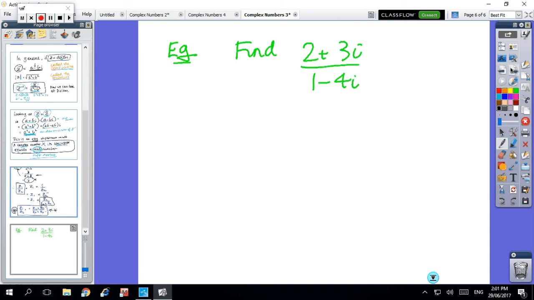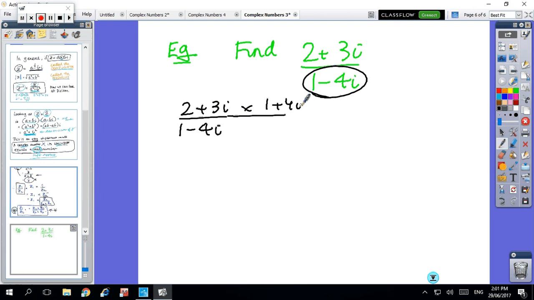So looking at an example, what we're going to do is we multiply by the conjugate, which is going to be 1 plus 4i, and we divide by the same number because then we haven't changed the question. Okay, so across the top we can now just do an expansion.